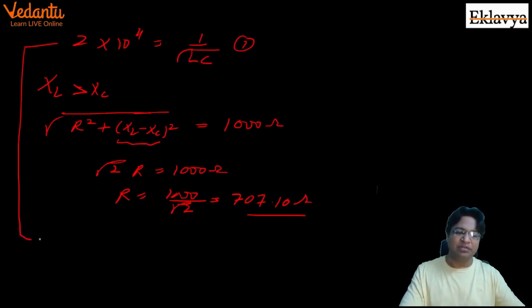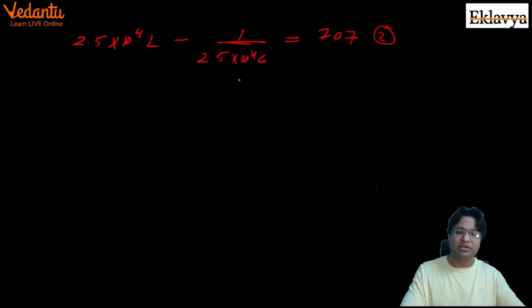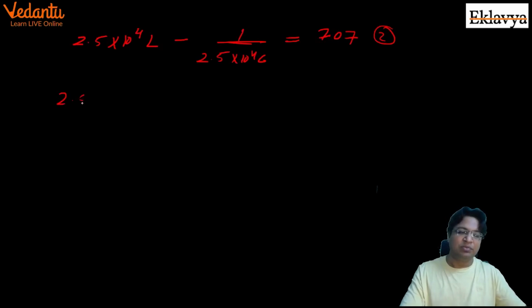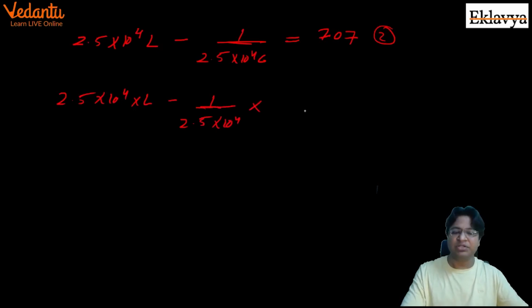From the first equation we can write 1 upon C. We need 1 upon C here. We can write 1 upon C as 2 into 10 raised to power 4 square of this multiplied by L. So let me use it here. 2.5 into 10 raised to power 4 into L minus 1 upon 2.5 into 10 raised to power 4 into 1 upon C, where 1 upon C is 2 into 10 raised to power 4 square of that into L, and this will be equal to 707.